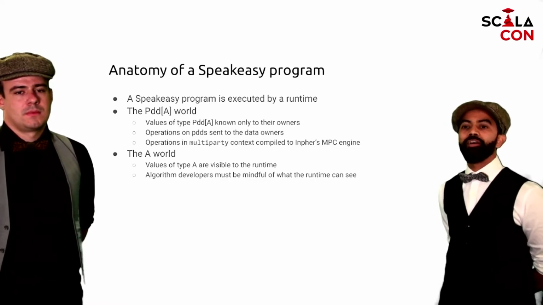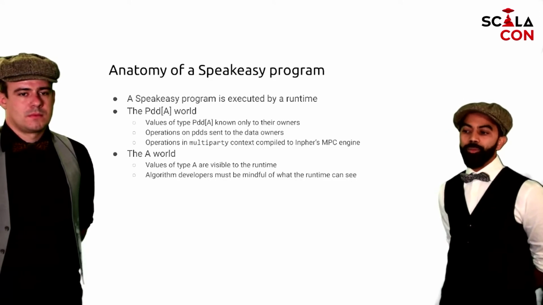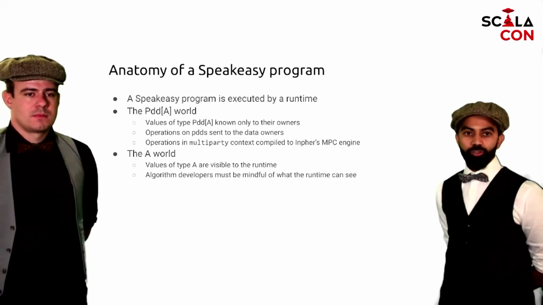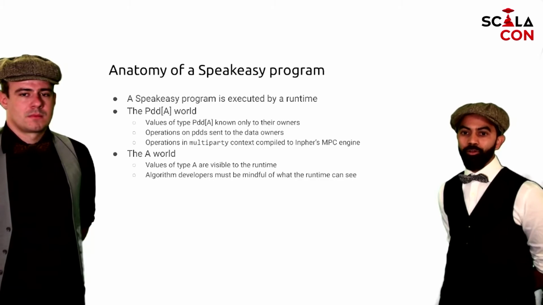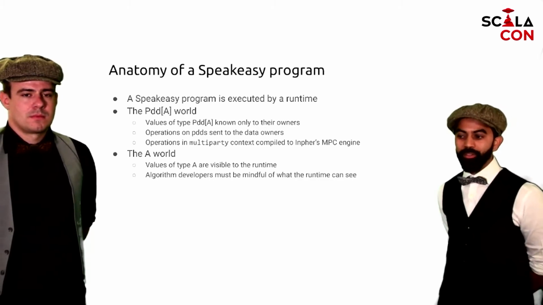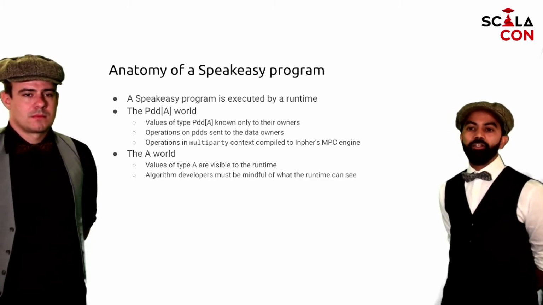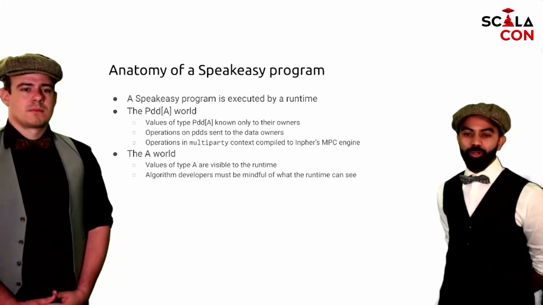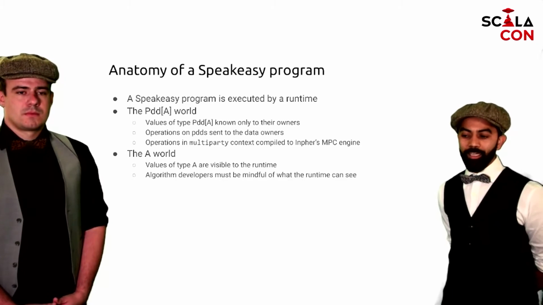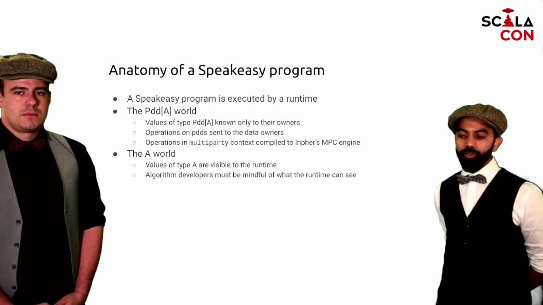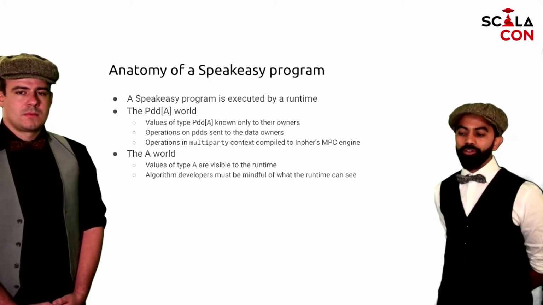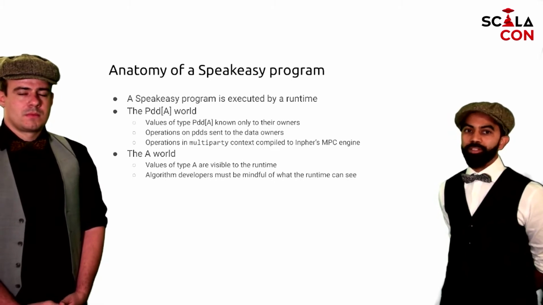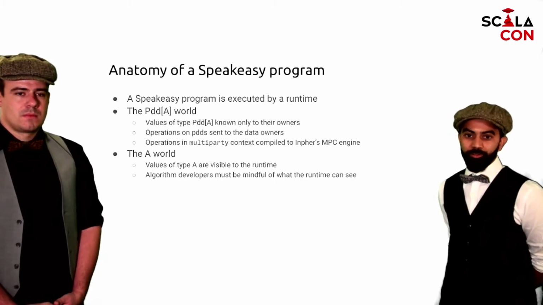And if you have values of type PDD[A], they will be seen by those who own the data involving this PDD and by nobody else. So when you're designing an algorithm and a protocol which is privacy preserving, as an algorithm developer, you can think of what you can leak or not based on the type of a value.